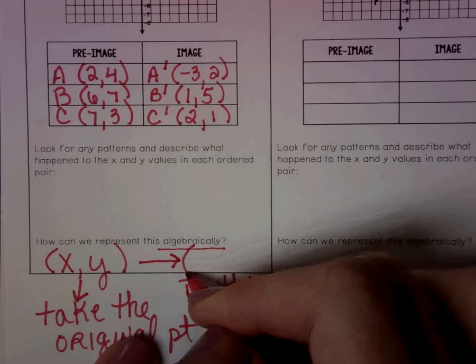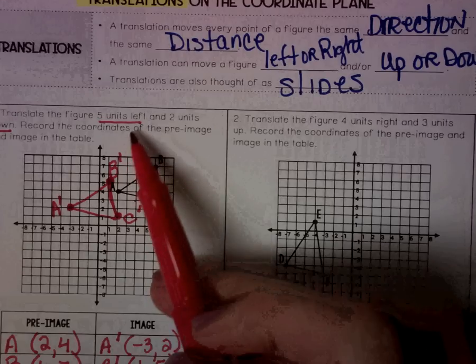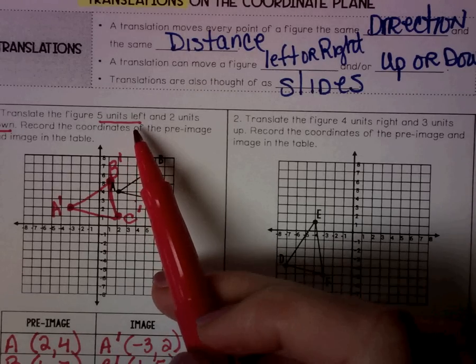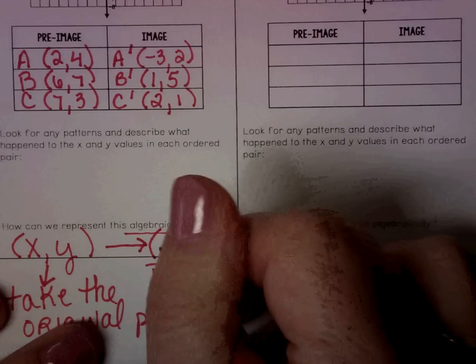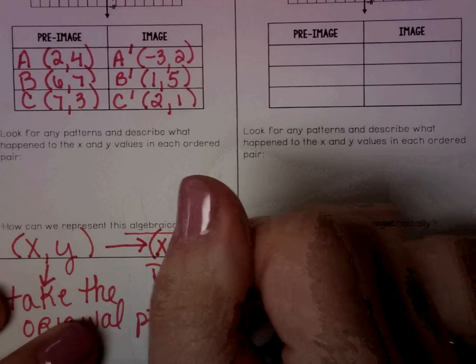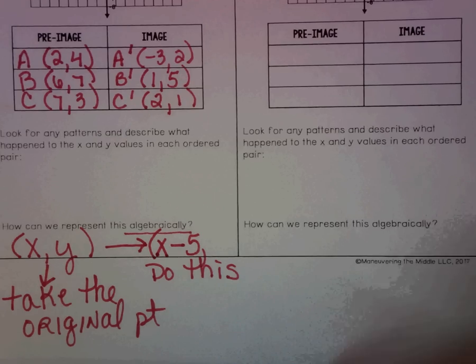So what did we do to the x value? We went 5 units left. So that means to subtract, right? If we went right, we would add. So for our rule, we're going to say x minus 5. Okay, that's the first part of the rule.